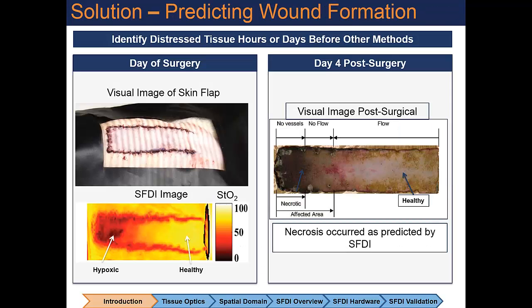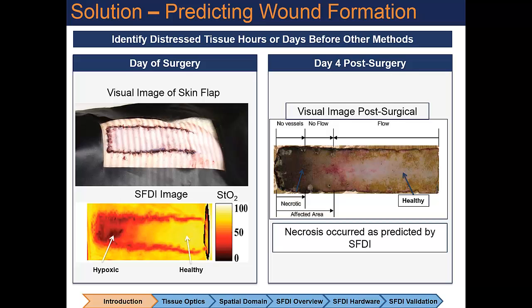So the solution that we've developed, and I apologize, I'm talking about SFDI, but I'm going to take a step back in just a second. I just want to give you some context. On the day of surgery, we create a wound, and there's blood flowing in from this side of what we call a flap. The tissue's been raised and lowered, so it's only connected through here and then sutured back down. We can take a picture on day one or day zero and measure where the oxygen is.